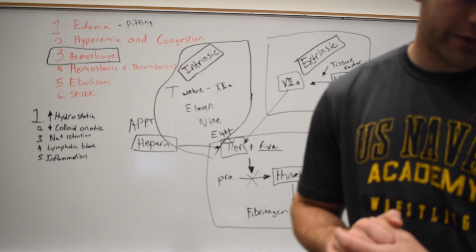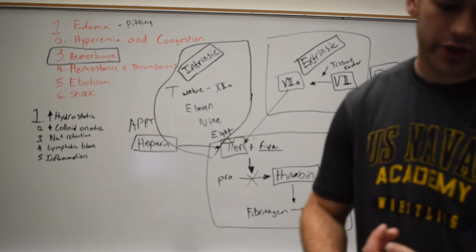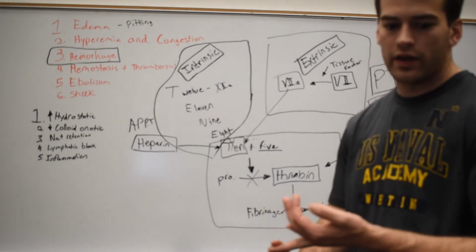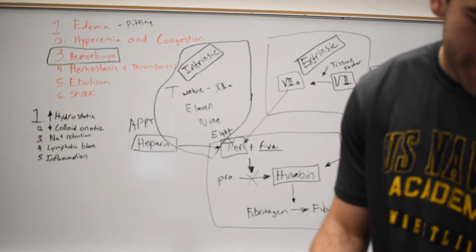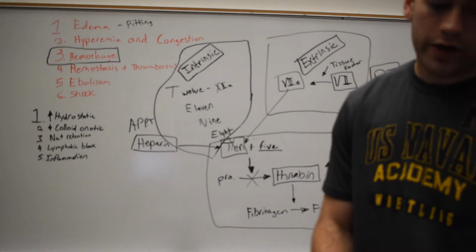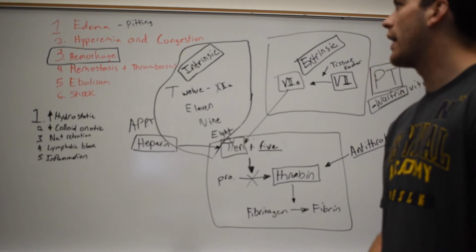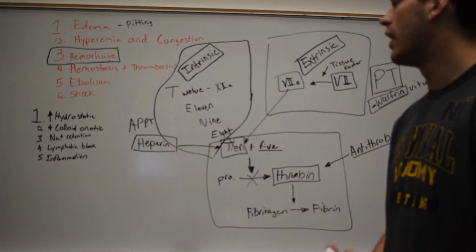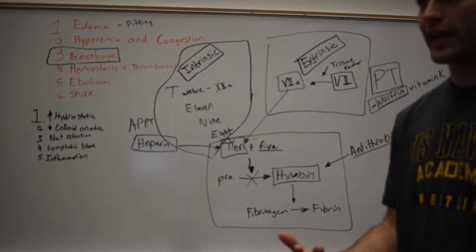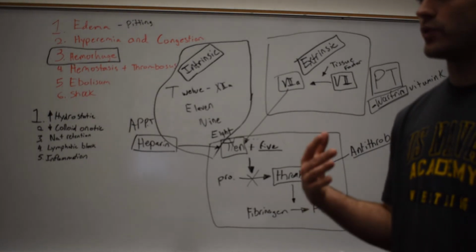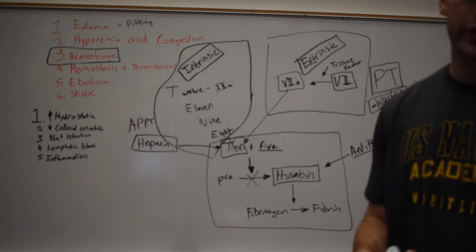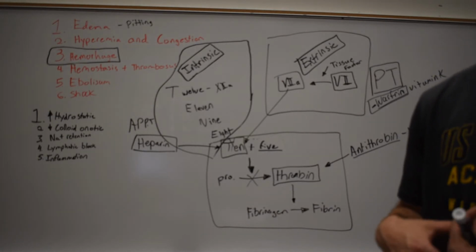The major classifications of shock: you can have cardiogenic shock, hypovolemic shock, and septic shock. Cardiogenic shock is caused by some kind of cardiac origin that does not allow you to perfuse the tissues, so it does not allow you to pump blood.